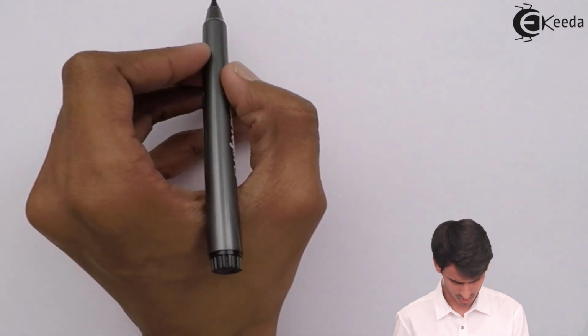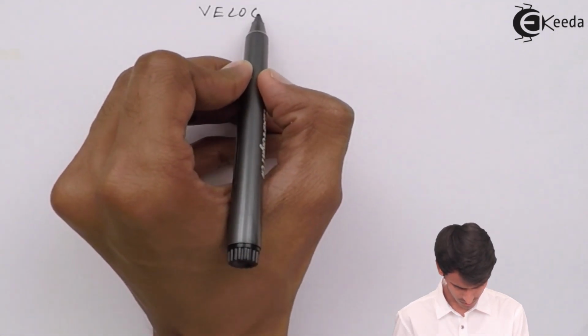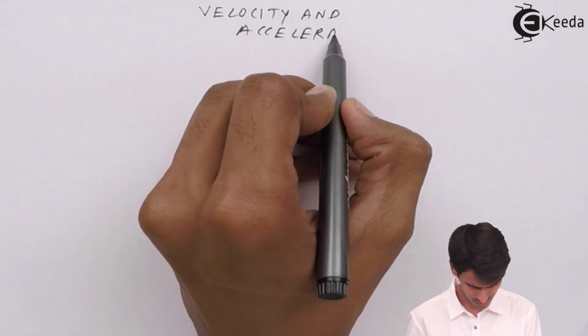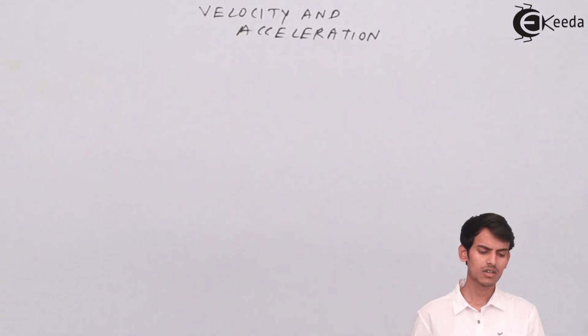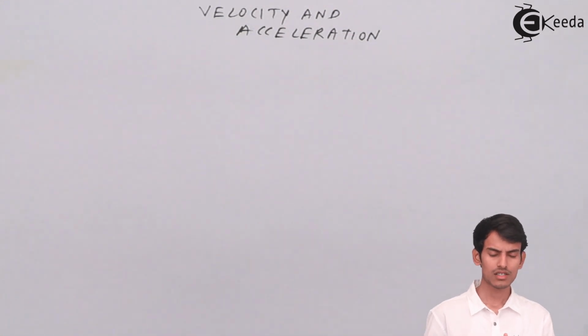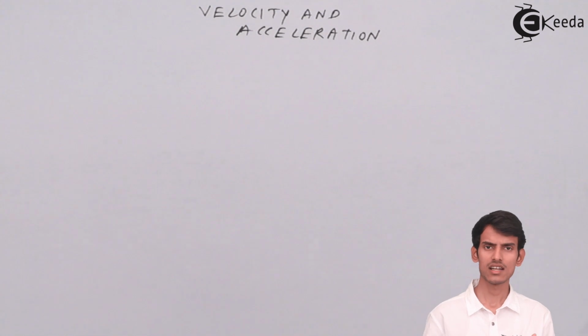So first of all, let's see what all things we have to study in this chapter. In this chapter, we have to calculate velocity and acceleration. Velocity and acceleration of what? Of single slider crank chain and of a 4-bar chain.